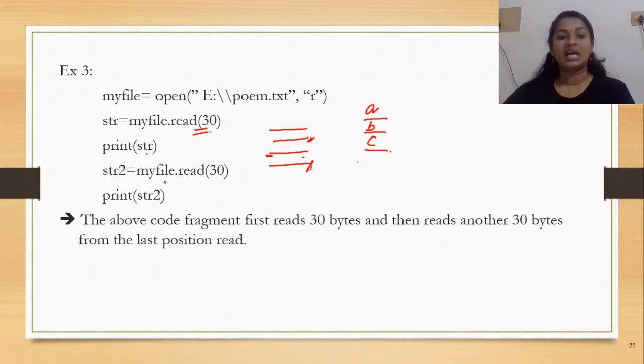Okay, so this is how the two read operations are performed. Now, the output would be different if, suppose, you had closed your file in between and then reopened it. Now, the opening has been done only once and then you are initiating the two read operations.